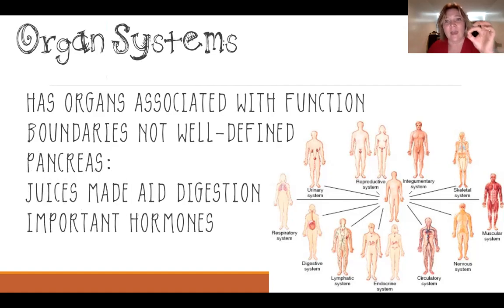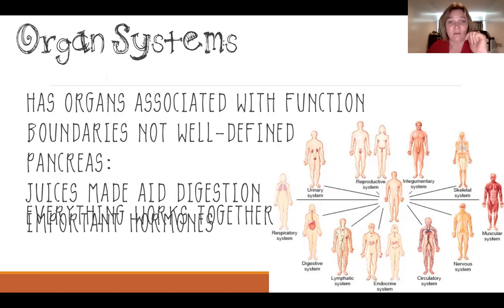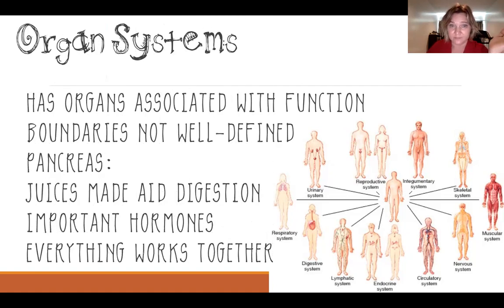But it also has a collection of cells that produce important hormones, insulin and glucagon, which control your level of blood sugar. Any kind of abnormality in those cells in the pancreas creates diabetes. But the important thing to remember, as always, is that everything works together.